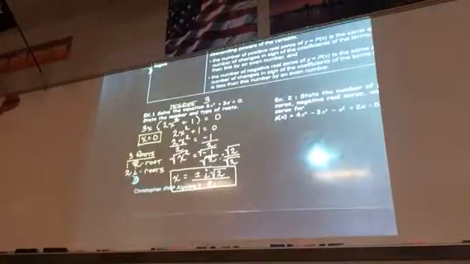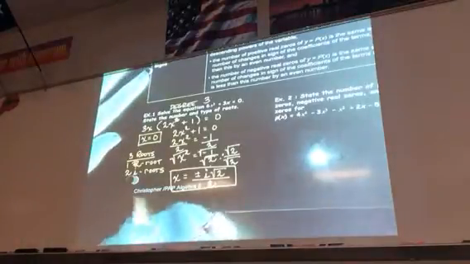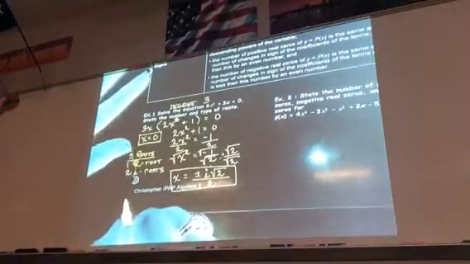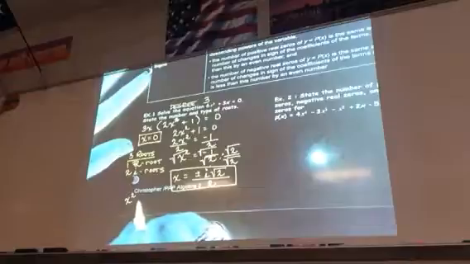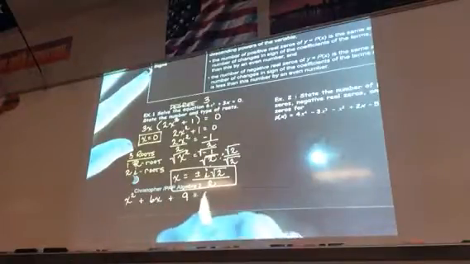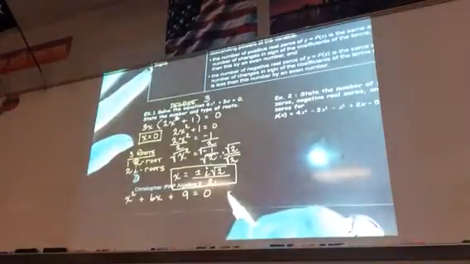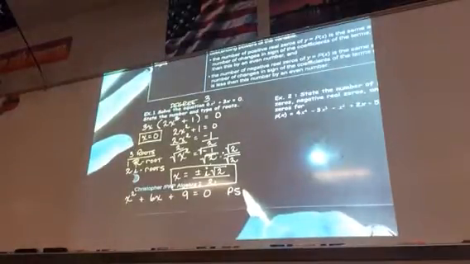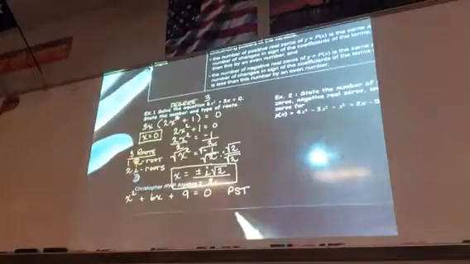Let me squeeze in another example. What if I had something simple like this? This is a perfect square trinomial pattern.